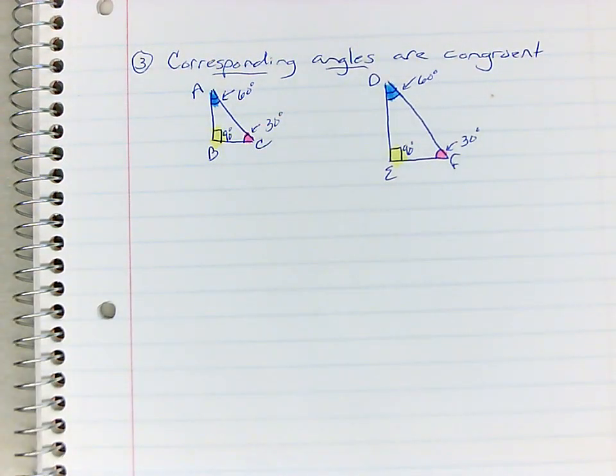So the angles are the same. They're congruent in similar figures. Okay, so again, if you have to catch up, right, pause the video, go back, whatever you need to do to make sure you have those notes.